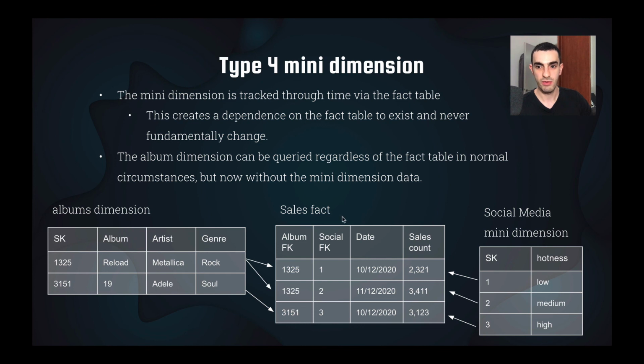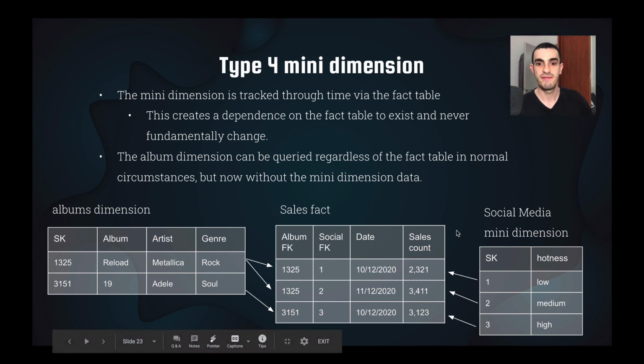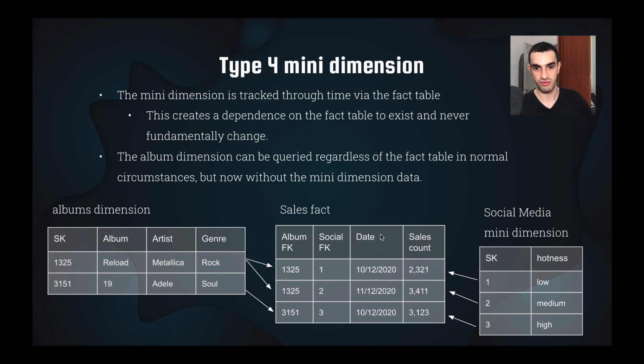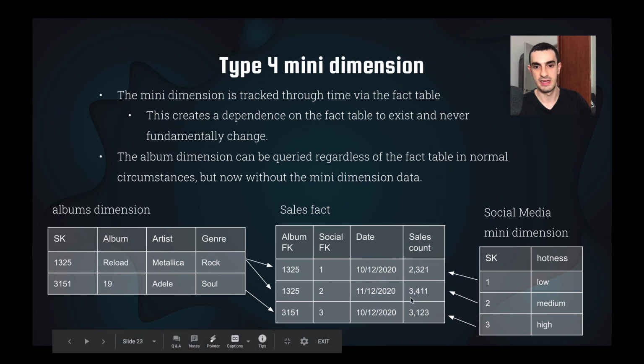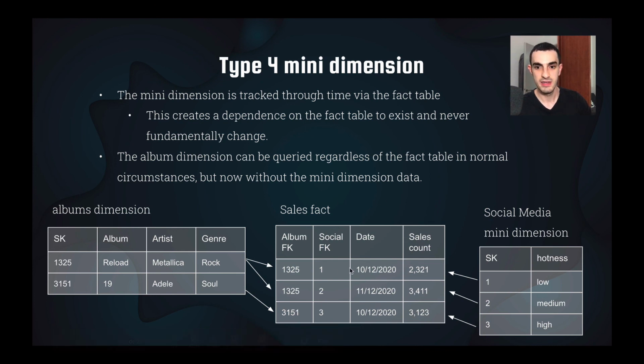Things to note here is that the mini dimension is tracked through time via the fact table. Since the fact table is tracked, let's say in this scenario every day, we can get the data of when social media hotness changed through looking at the fact table.